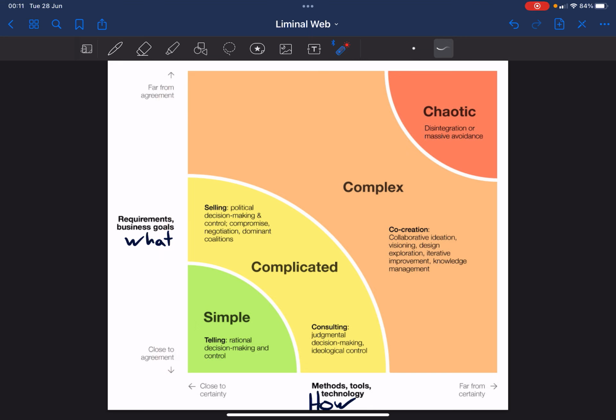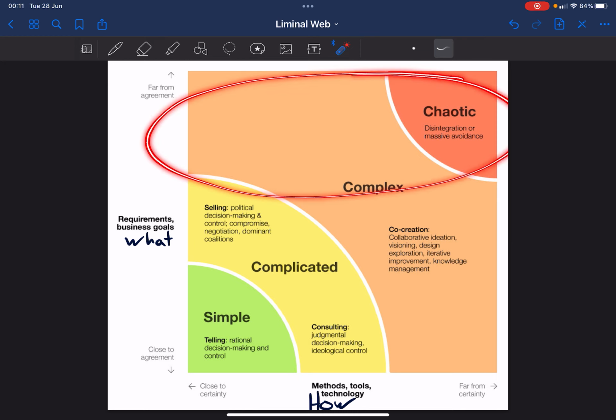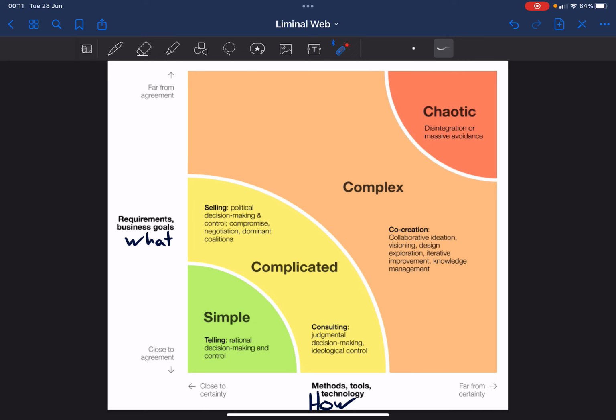Yes. Is there a wide distribution or disagreement on it? No. Well, okay. The farther from agreement we are on this axis, the more tendency we have to find ourselves in a disordered system, or a complex or chaotic situation. And on the flip side, on the x-axis here, we find ourselves with certainty.